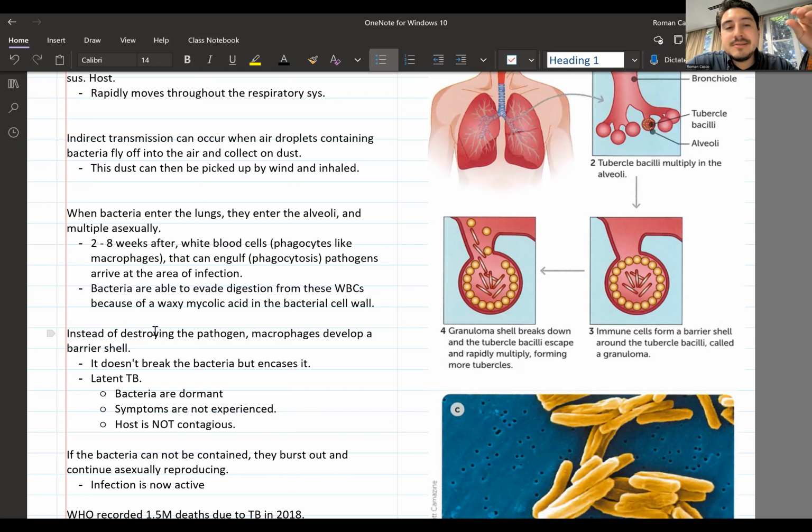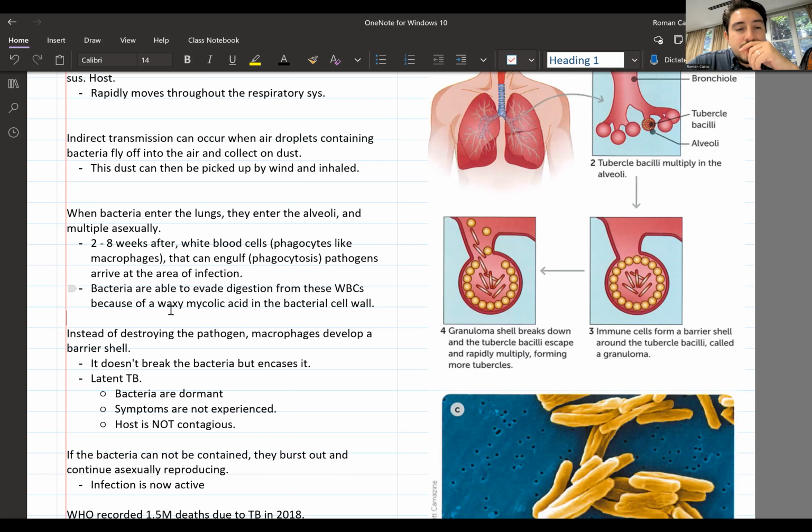The reason for that is because they have a particular type of substance, mycolic acid, which has waxy properties, and having that prevents digestion from other substances that the phagocyte, the macrophage, might have.